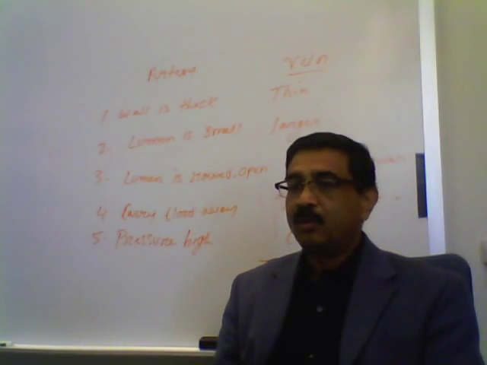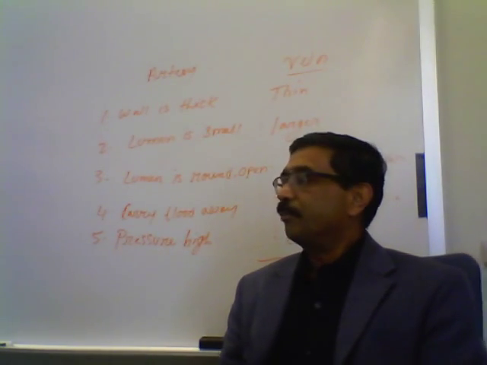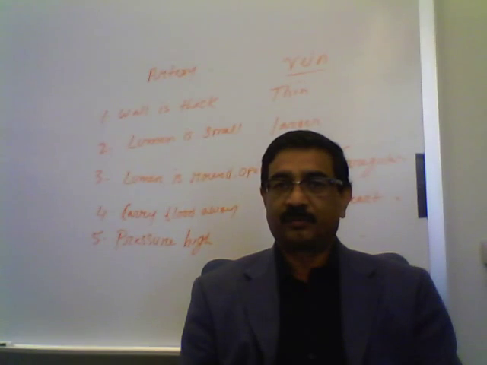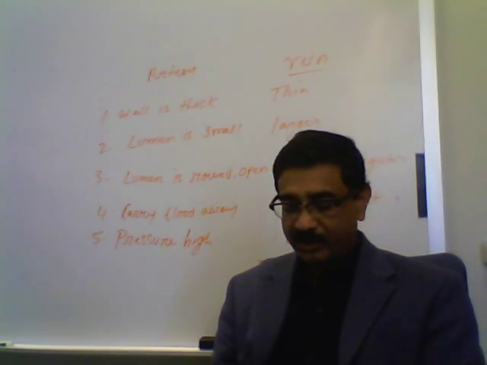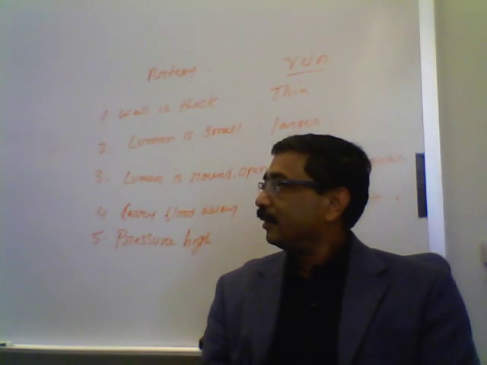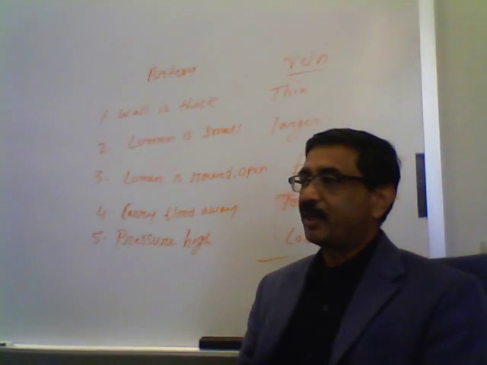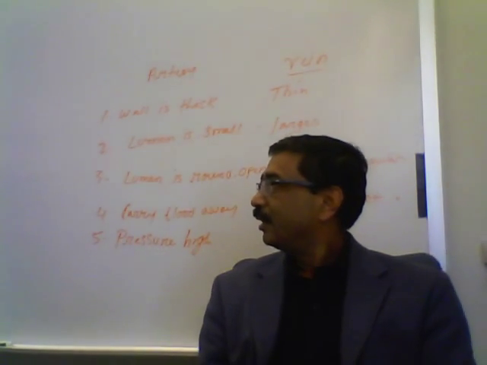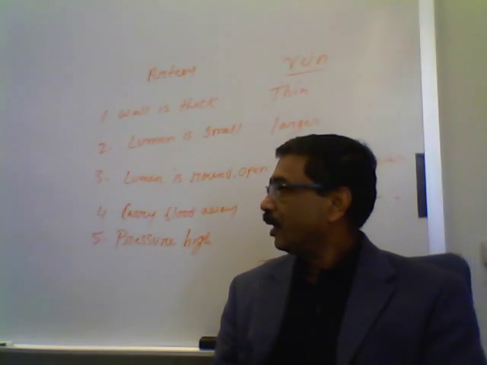Now we'll go over the main arteries in our body. First we'll see the major arteries. This is the picture of your systemic circulation. That means between the heart and the body.